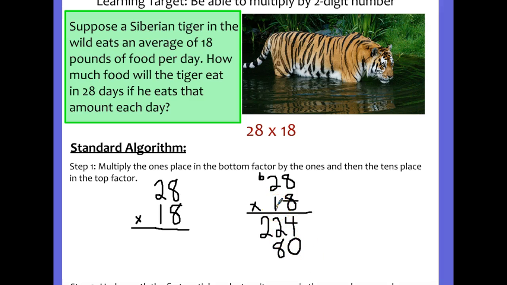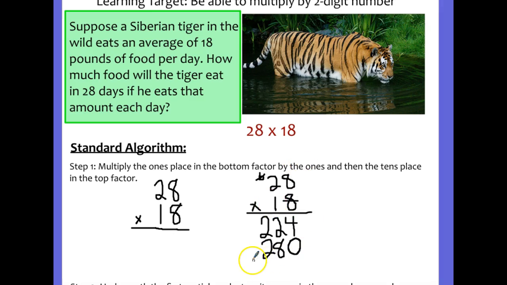Next, I'm going to do 1 times 2. I'm going to cross this out really quick so we don't get mixed up. 1 times 2, and that would be 2. And if you think about it, I'm doing 10 times 20. 10 times 20 is 200, but I'm going to add it right in here with my 80 that I got before from multiplying 10 times 8.